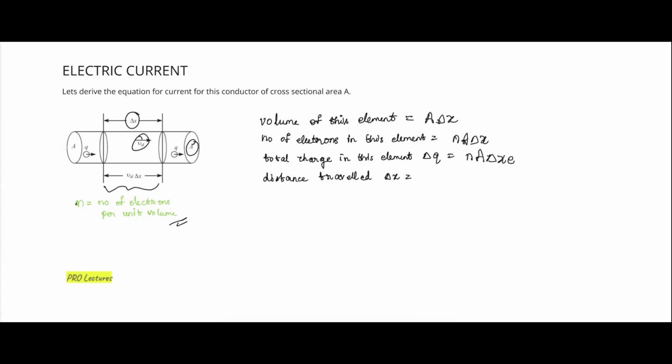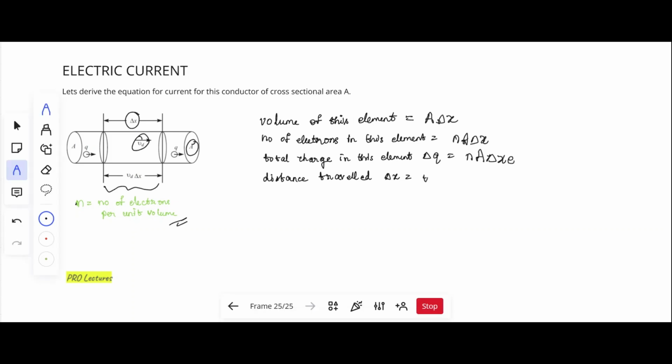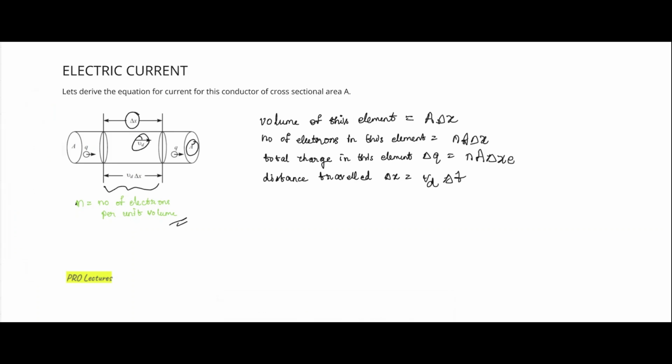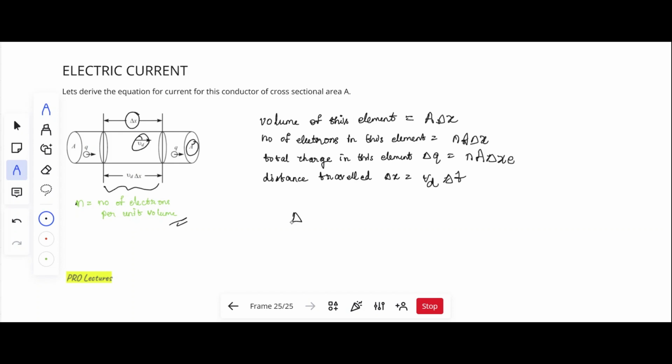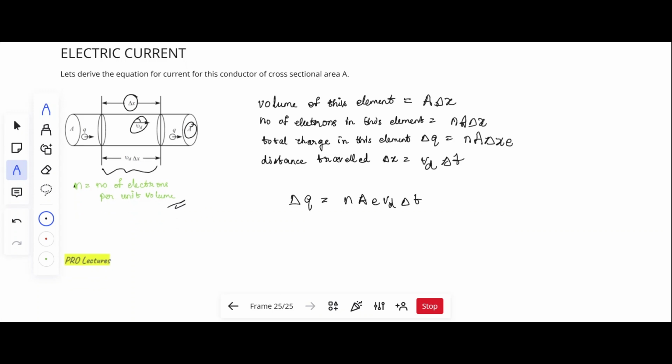If the electrons drift with the speed Vd due to thermal energy, the distance traveled in time Δt is given by Δx, which is Vd into Δt. So, substituting this value into ΔQ, we find that the total charge in the volume element under consideration is given by ΔQ equals n A e Vd Δt.